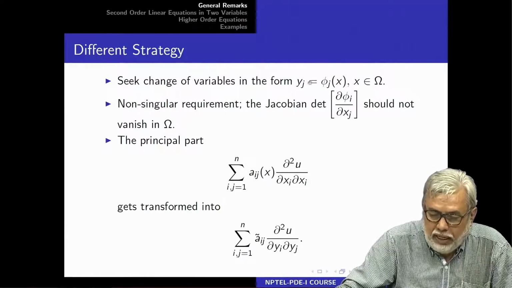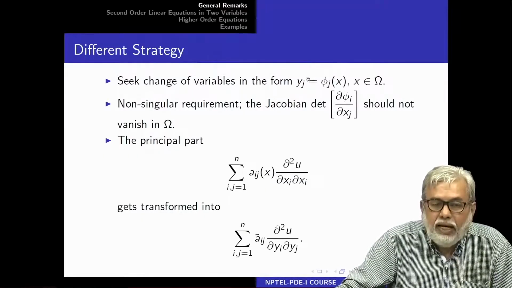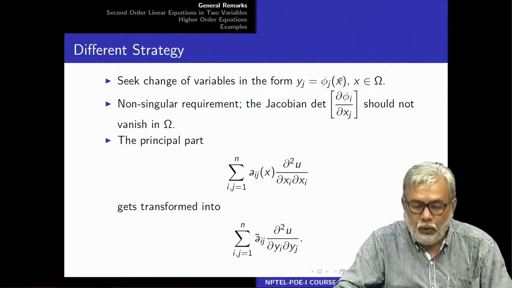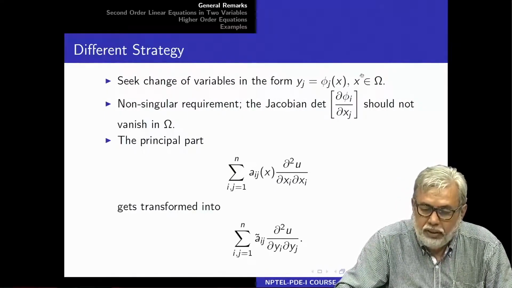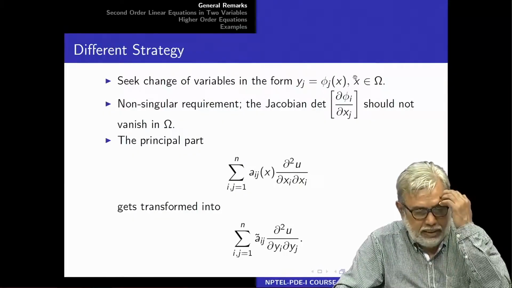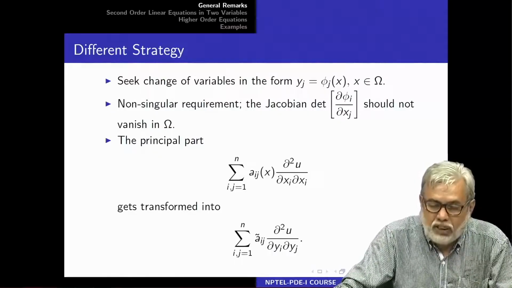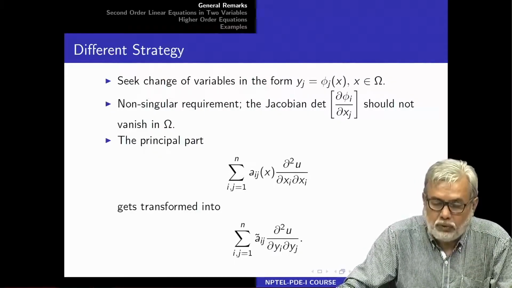Suppose in the variables y it is easy to solve the given equation, then we can come back to the original variables. Okay. So, it is like a system of algebraic equations you want to solve.